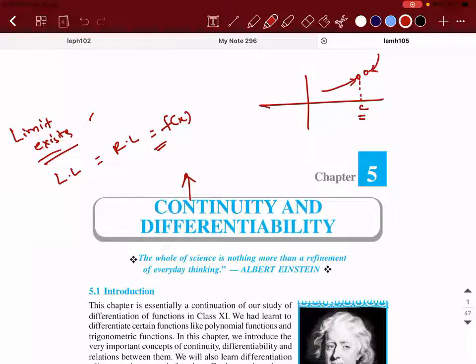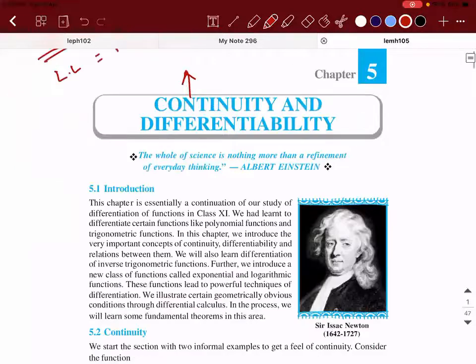If those two meet at a particular point, they will give you the same value. If not, they'll give you different values. The moment they give different values, in terms of limits you say the limit does not exist, whereas in terms of continuity you say it is not a continuous function. Are you able to understand this point? Okay. So this is all about continuity.